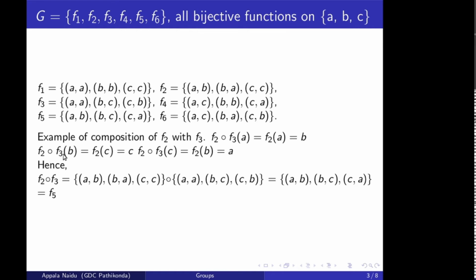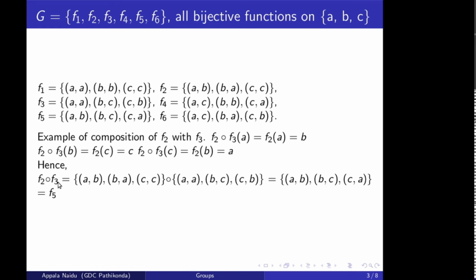F2 circle F3 of B is nothing but F2 of F3 of B. F3 sends B to C. So substituting that, we get F2 of C. In F2, we have to see what is the image of C. So F2 of C is C. Now let us see F2 circle F3 of C. F3 sends C to B, so F3 of C is B. So this is F2 of B. Where does B go in F2? B goes to A. F2 of B is A.